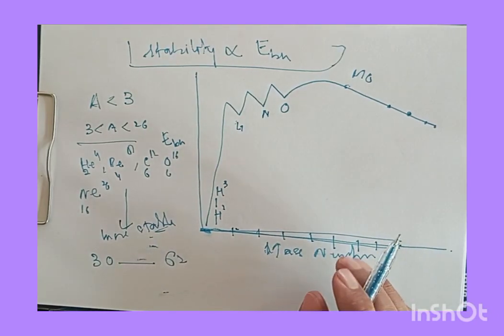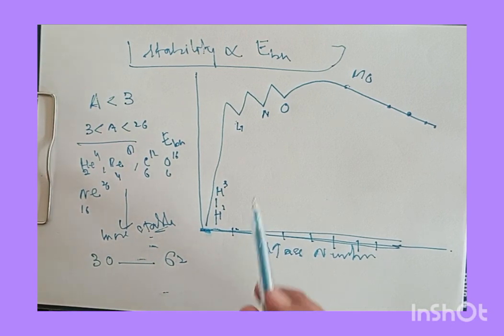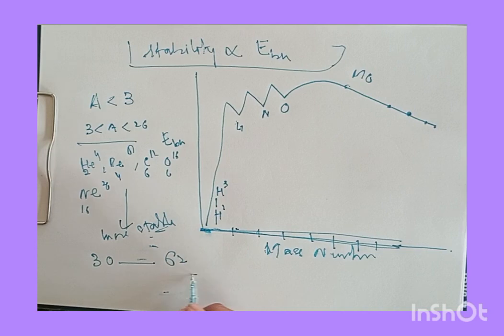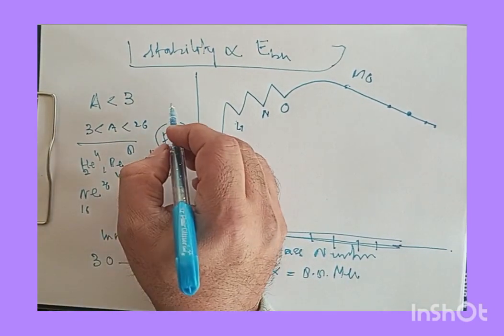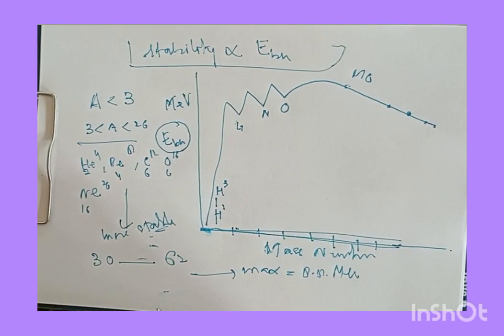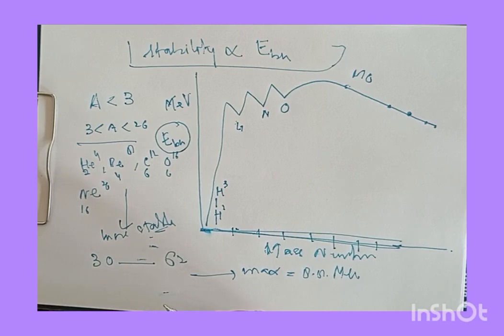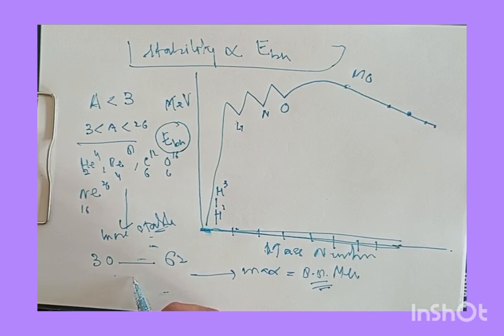For the nuclei falling between 30 and 62, the binding energy per nucleon increases gradually and attains a maximum value of 8.8 mega electron volts, as we have calculated it.